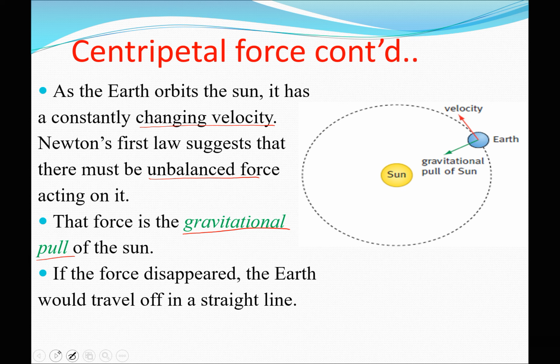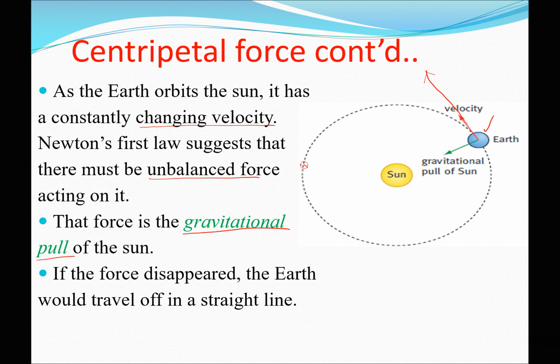And theories predict that if that force disappeared, if the gravitational pull would be lost, say if the Earth is in this position indicated in the diagram, and the gravitational pull is lost, then the Earth would continue in a straight line in that direction at a tangent to the path where it was.